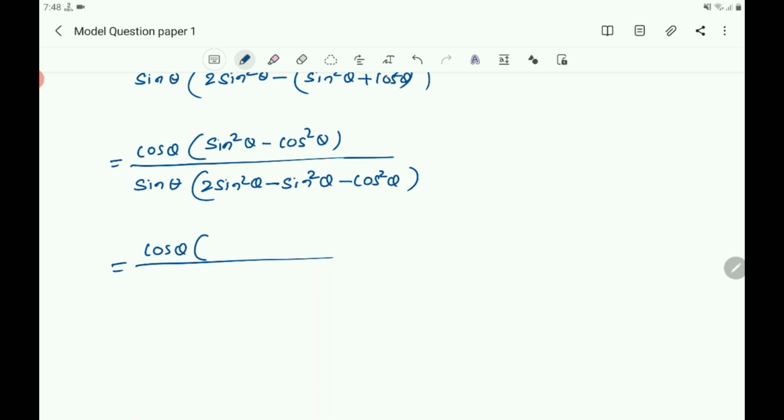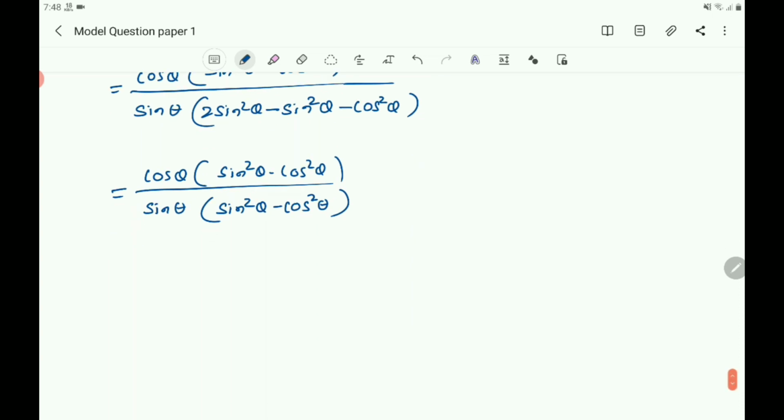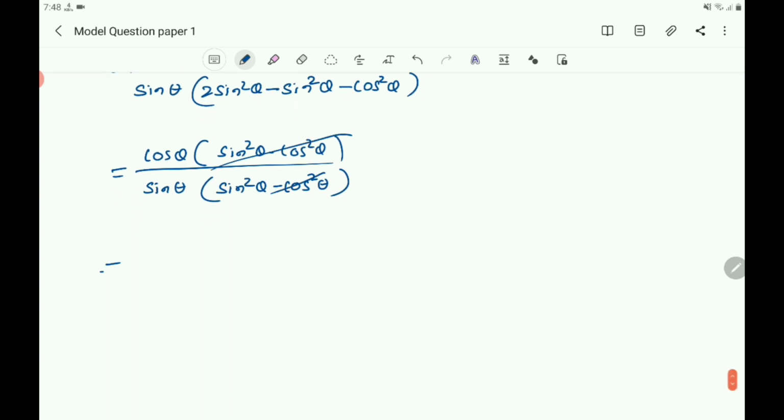Then cos theta into sin square theta minus cos square theta, divided by sin theta into 2 sin square theta minus sin square theta is sin square theta, and minus cos square theta, and these two cancel, and what is remaining, cos theta by sin theta, that equals cot theta.